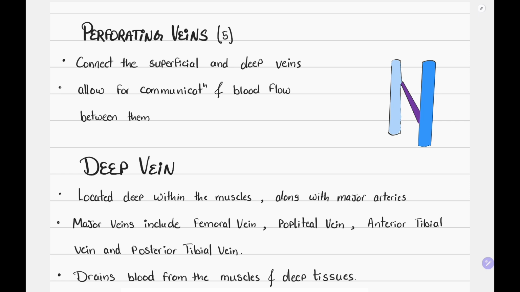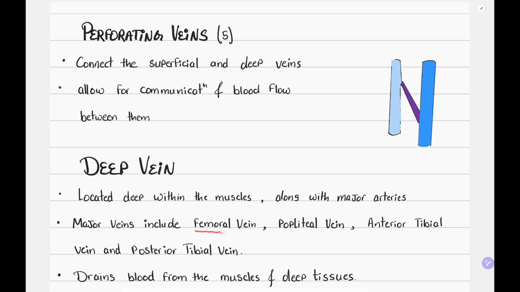For now, coming to the deep veins. The deep veins are located within the muscles along with the major arteries, so the deep veins are usually accompanied by the major arteries. The major deep veins include the femoral vein, the popliteal vein, the anterior tibial vein, and the posterior tibial vein.